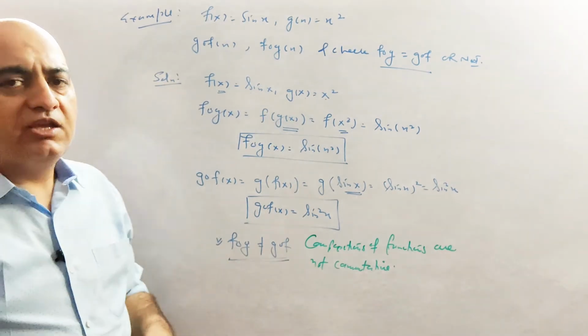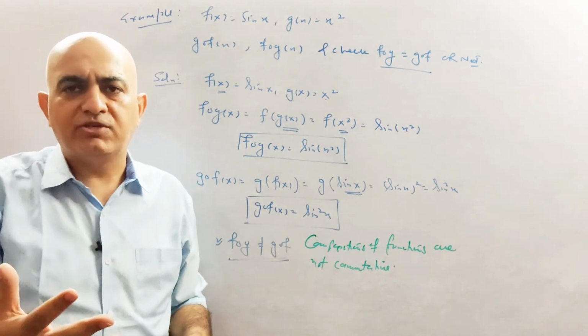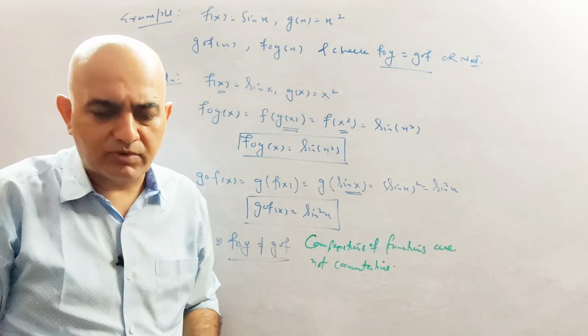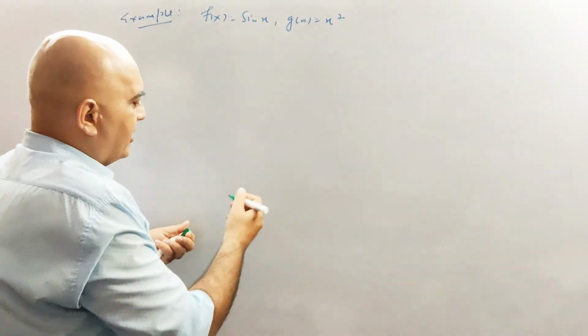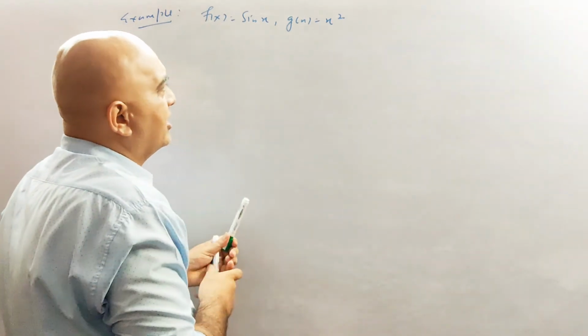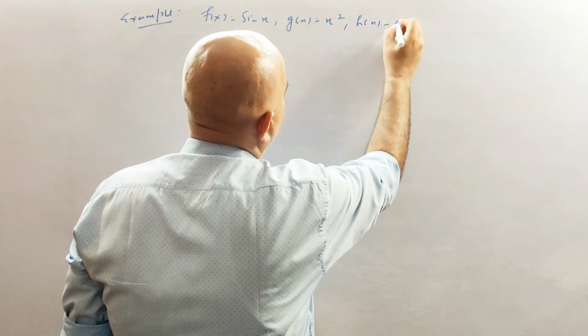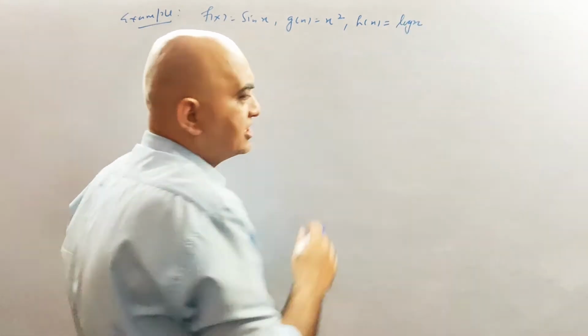Now we are taking three functions. Suppose we are taking three functions f, g, and h, and we have to check the associativity of the functions also. Now again, I am taking these two functions as they are, and I am considering one more function, that is h of x. Suppose h of x is log x, right? This is log x.